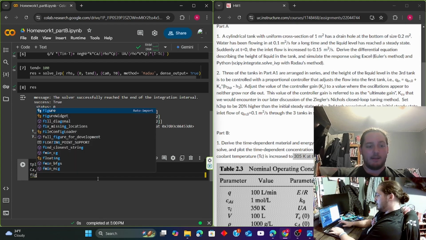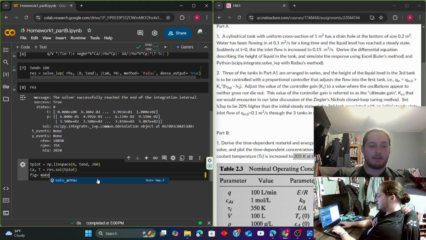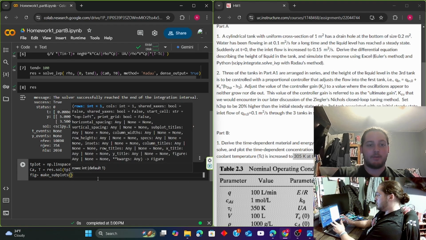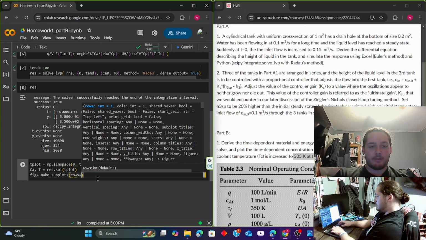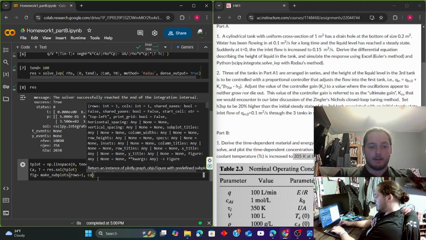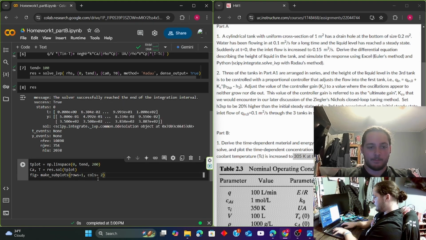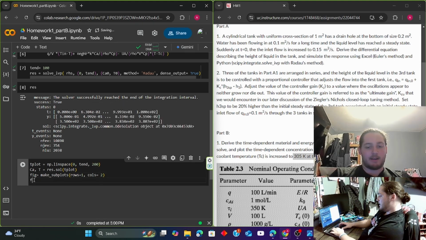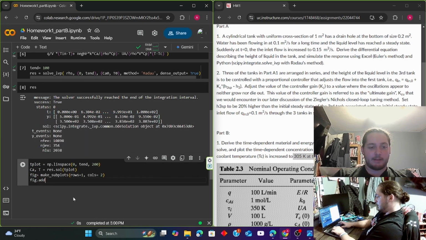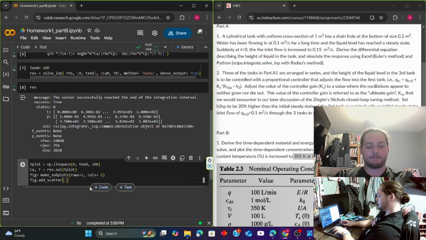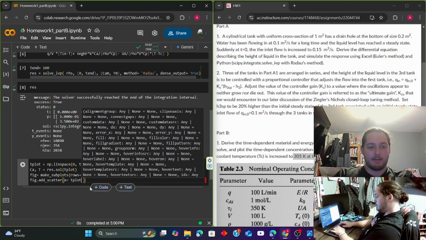So we have fig equal to make_subplots, and since we'll have two plots that we want to have here, we can have rows equal to 1 and then columns equal to 2. Fig.add_scatter, x is equal to t_plot.